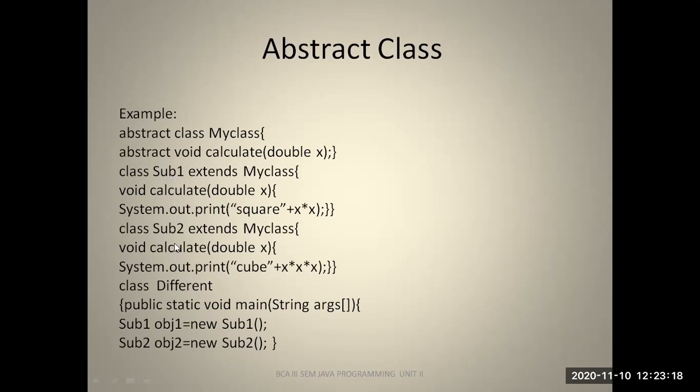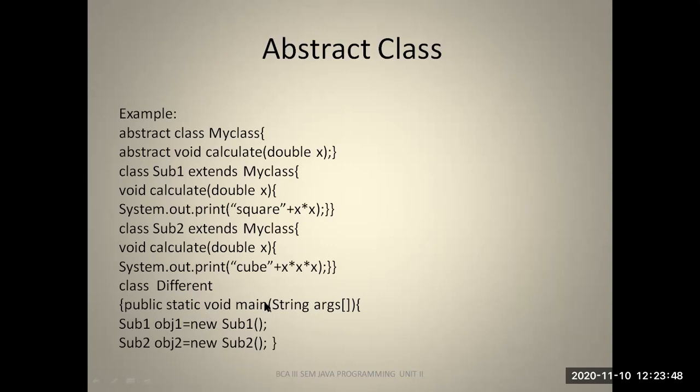There will be another subclass, Subclass2, extending MyClass, in which the void calculate method is defined in a different way. In Subclass1 the calculate method finds the square of the number, and in Subclass2 it finds the cube of the variable. So in different classes we define the same method differently.